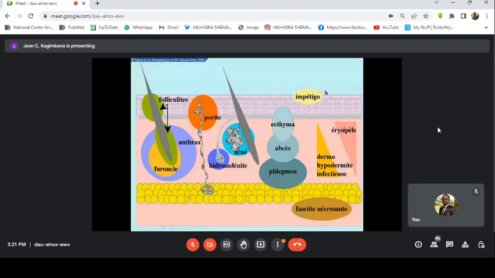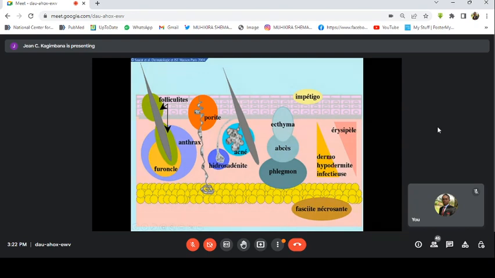Tinea may expose the skin, but then the organism penetrates to cause dermatitis in here. If not treated, you go down to the fats, to the subcutis, or to the muscles.